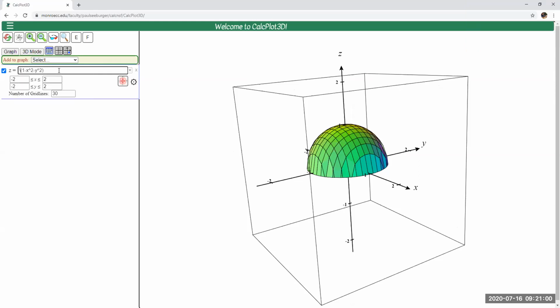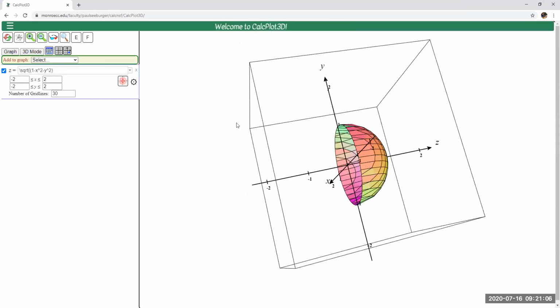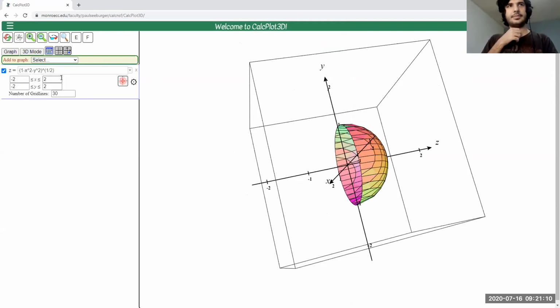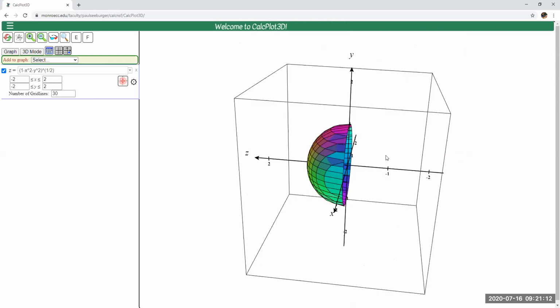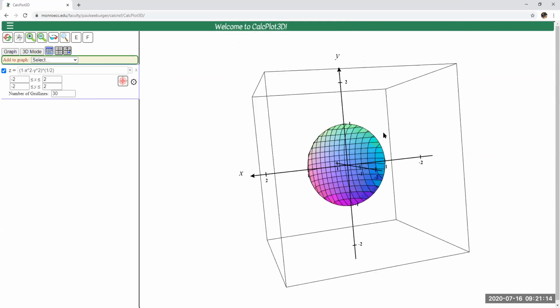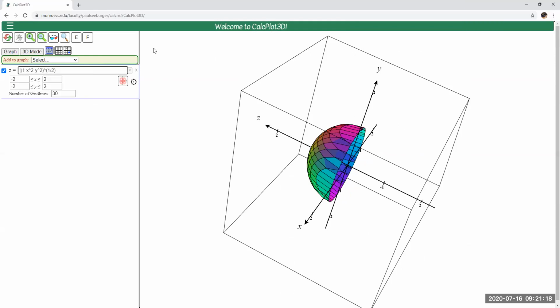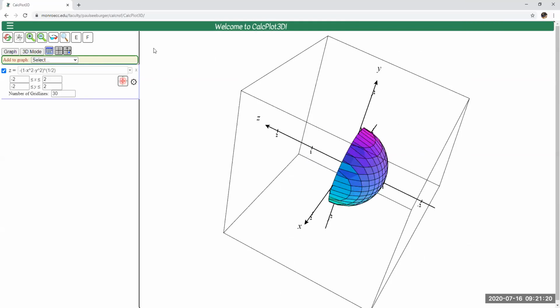We can try. No, it doesn't understand QRT. Okay, anyway, we have the half of the sphere here. If we write the minus sign here, we get the other half.